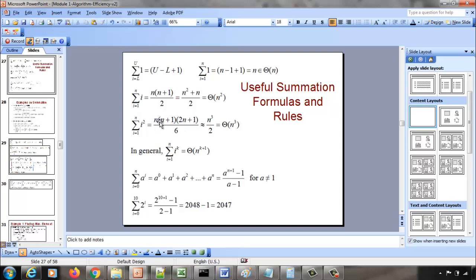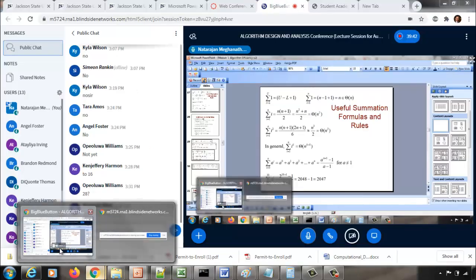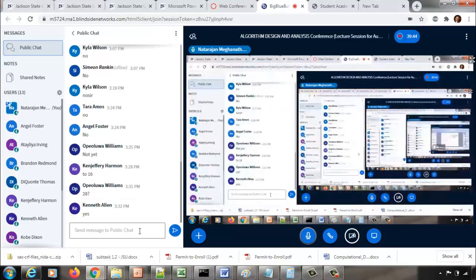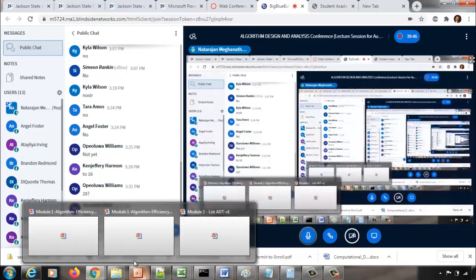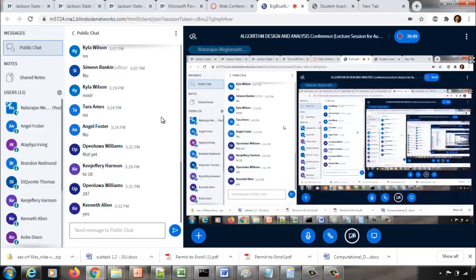So it's simply n times n times n, which is also n cube. So any way you look at it, you should get the same result. Okay, so any question on these three formulas so far before we proceed?